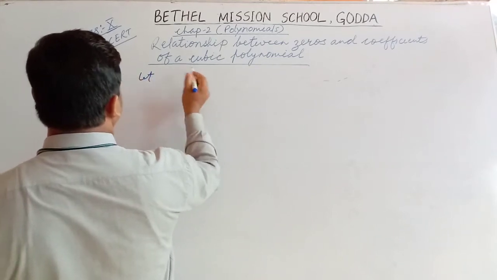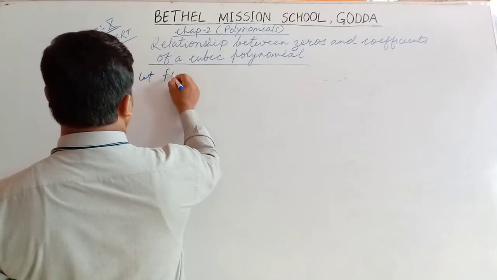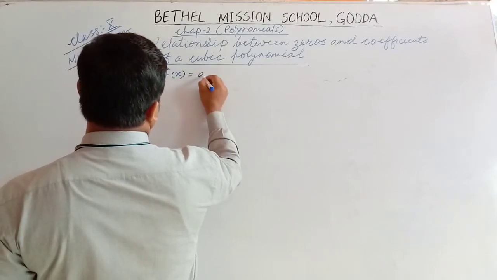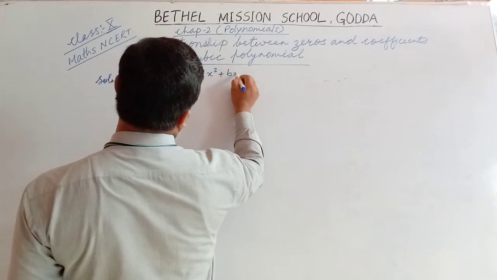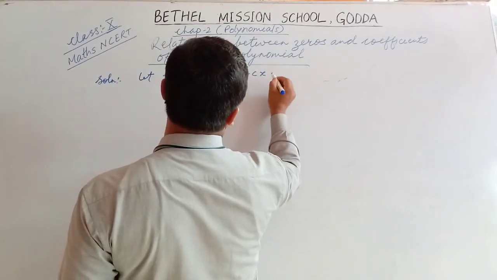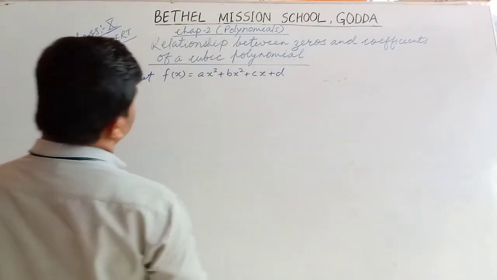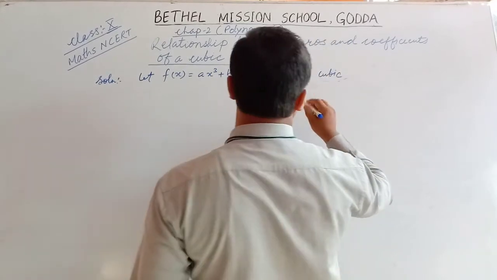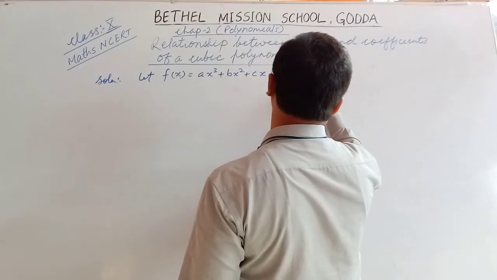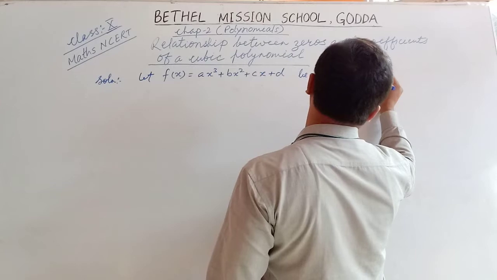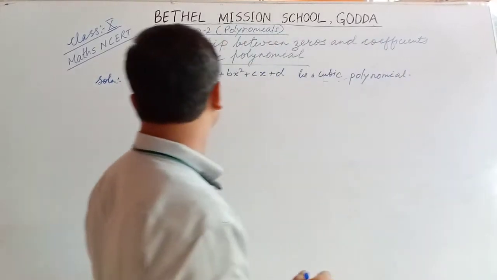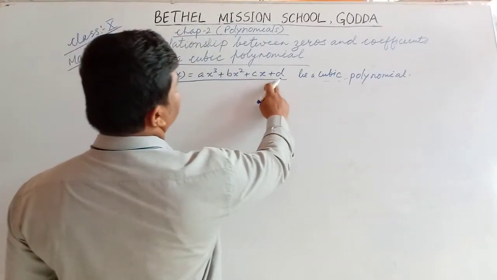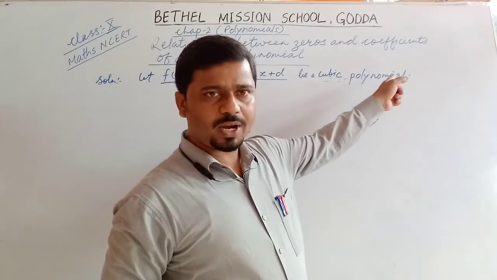Let f(x) equal ax cube plus bx square plus cx plus d be a cubic polynomial.